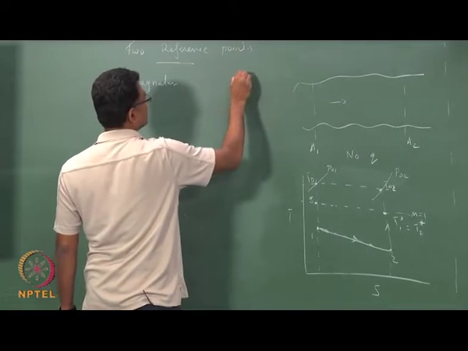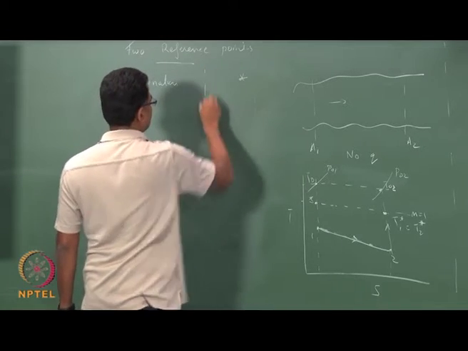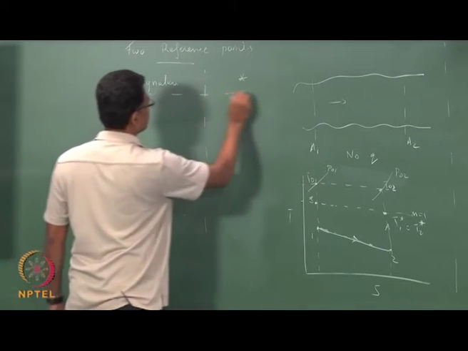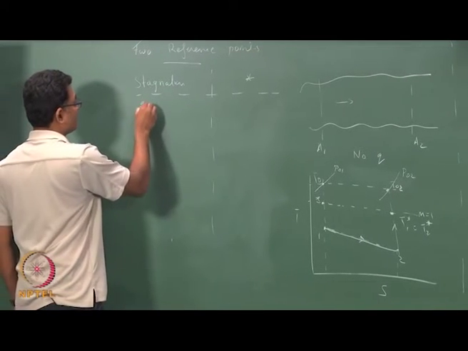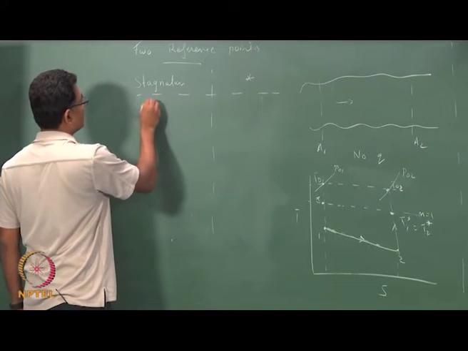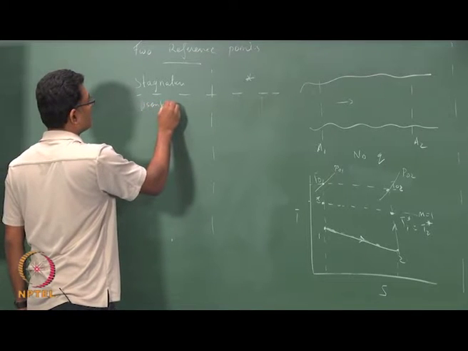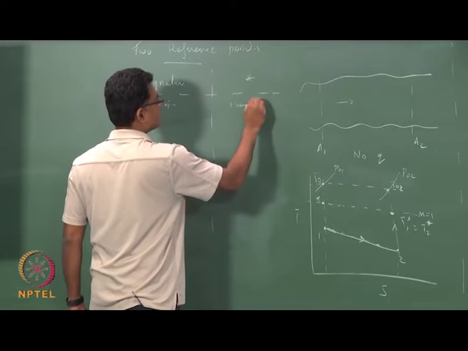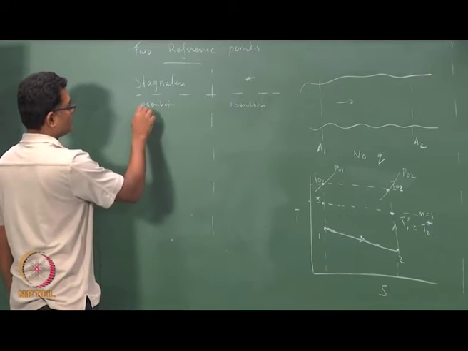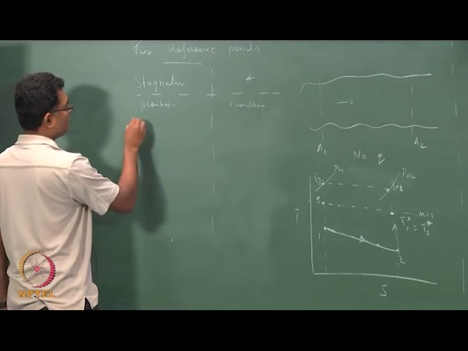Stagnation and the star condition. So, if the process is isentropic, this process is also isentropic. Okay. Between 2 points.